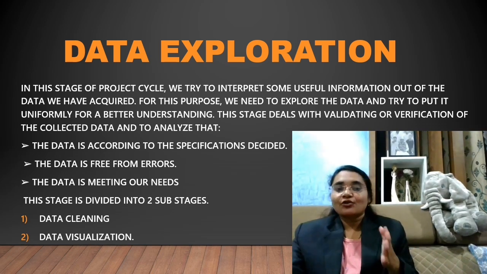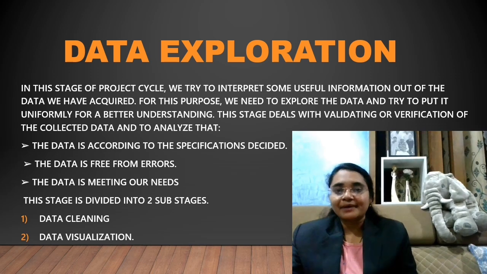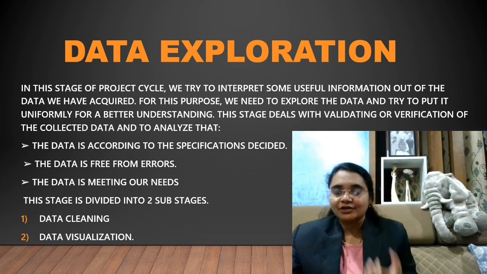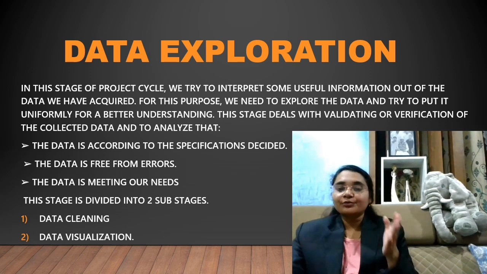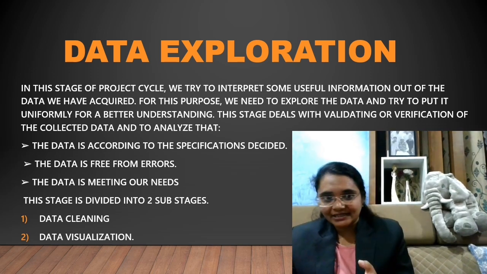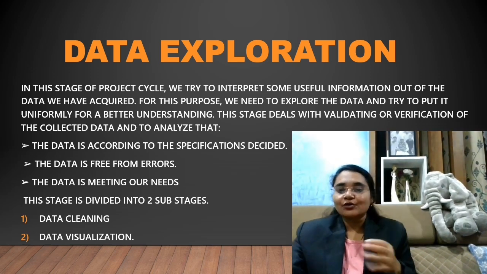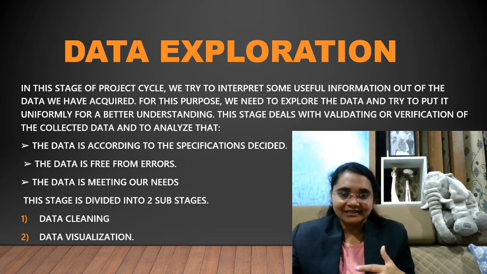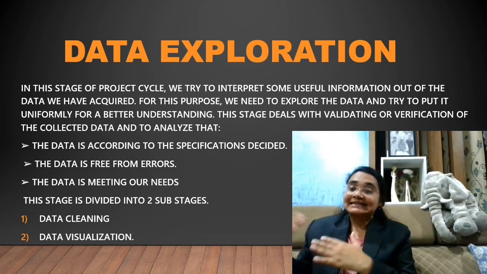In this stage of the project cycle, we are going to interpret some useful information of the data which we have acquired. We are going to explore the data. We are going to make a better understanding of the data. And here the data is according to the specifications which the project manager is going to tell their team members.